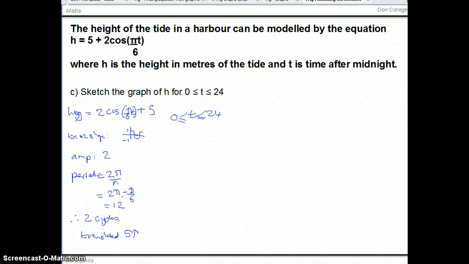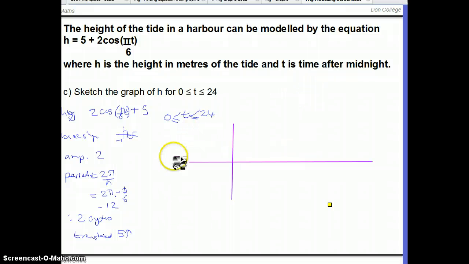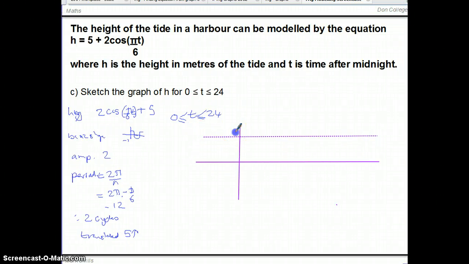So that's everything now. So if we sketch it, just make sure we draw some nice axes. Now we might include that mean line just to help us draw it. Now the mean line started out as the x-axis, and then we moved it up 5, didn't we? So there's going to be that mean line there to help us draw it at 5. It's going to go up to 7 at the top, it's going to go down to 3 there.